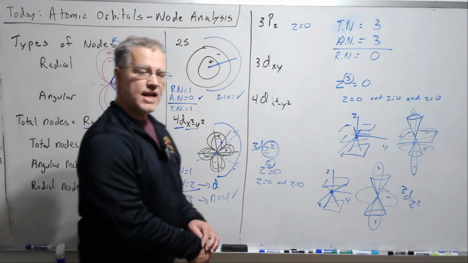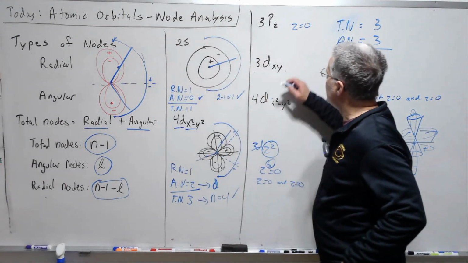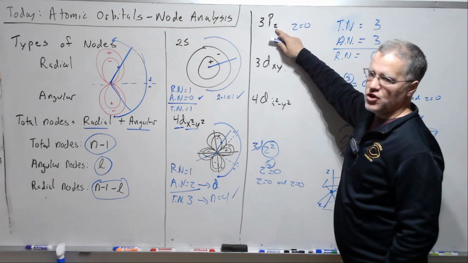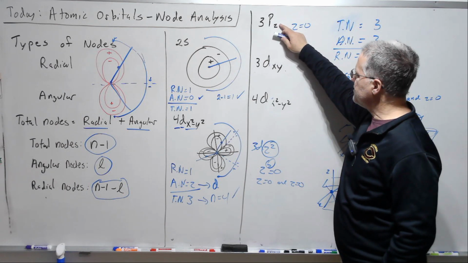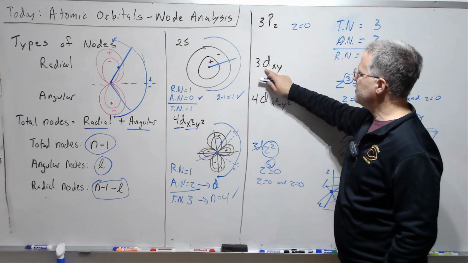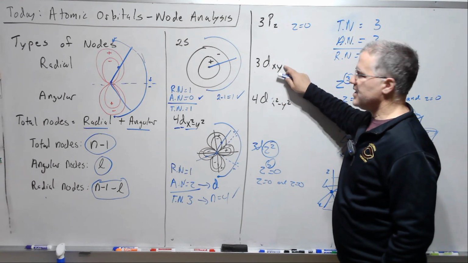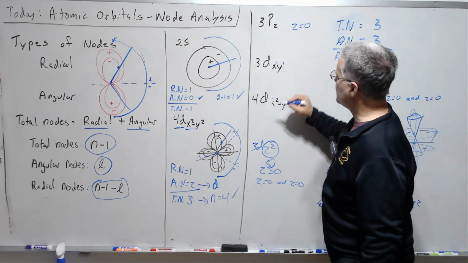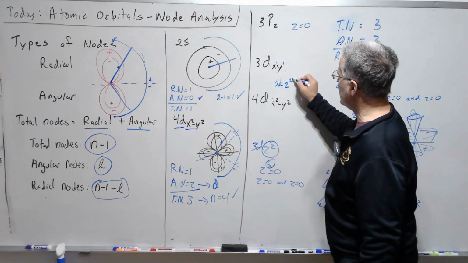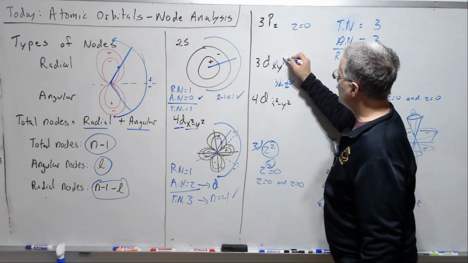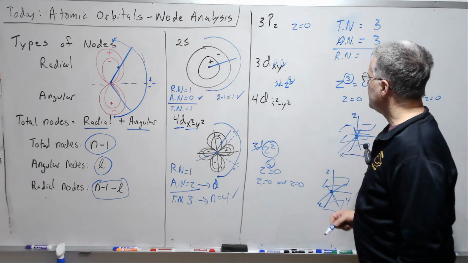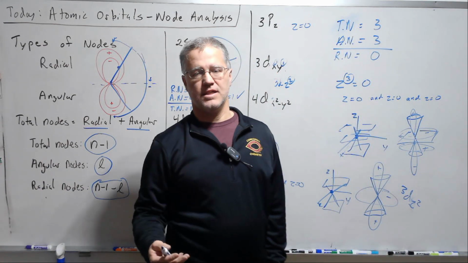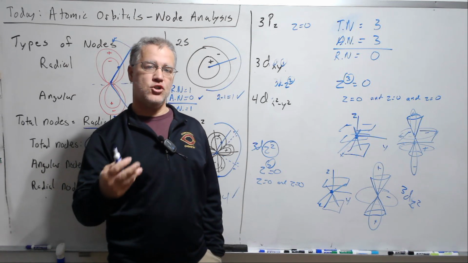Let me just do one last thing. If we have L equals 1, P, the function here will be a first order function. If we have D, so L equals 2, this will be a second order function in some way. So this is x to the first power, or we have 3d z squared, so a second order. Here's first order times first order, that's second order. And then, I erased it, but the f, like a z cubed, so that'd be third order.